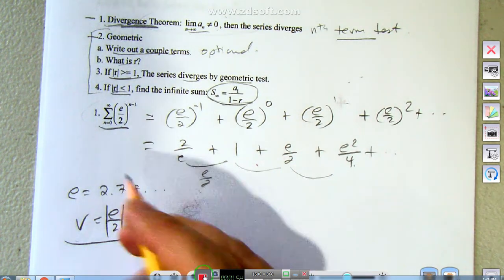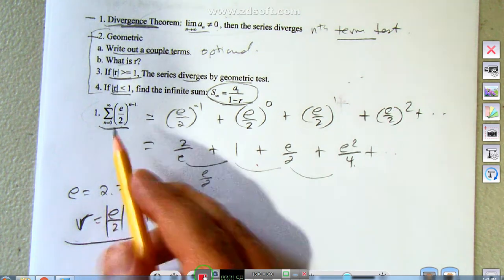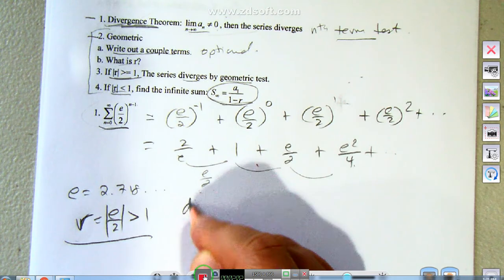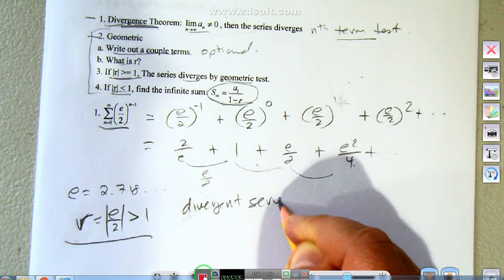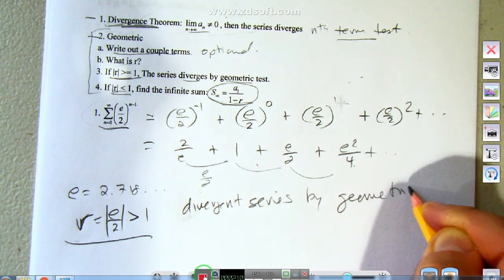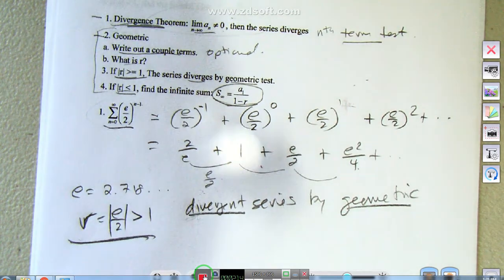As long as I see r is greater than or equal to 1, usually the absolute value, but there's really no negative here, so it doesn't really matter, is bigger than 1, I can write down divergent series by geometric. So I look for that word, that expression right there, all set.